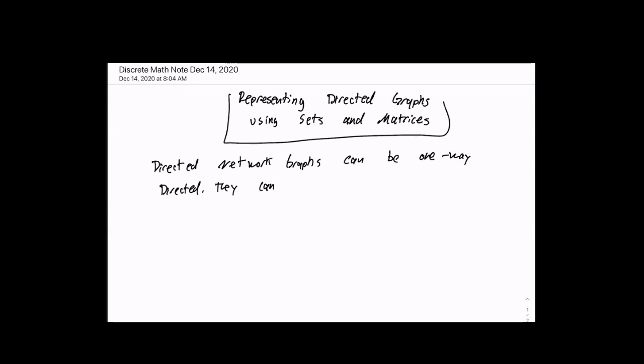They can also flow both ways, and are noted with two arrows as such.